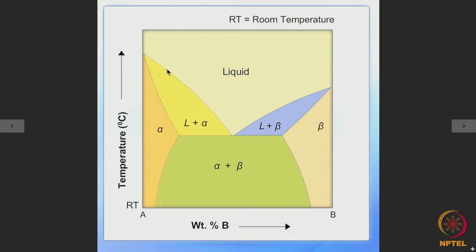The liquidus line is this one and the solidus line is this one. Alpha is a solid, beta is a solid, and this is the field where both alpha and beta solid phases coexist. This is the region where we have both liquid and alpha phase. This is the region where we have both liquid and the beta phase.